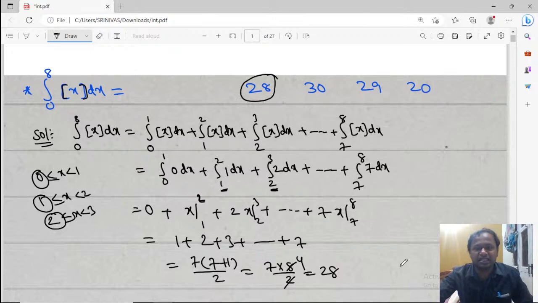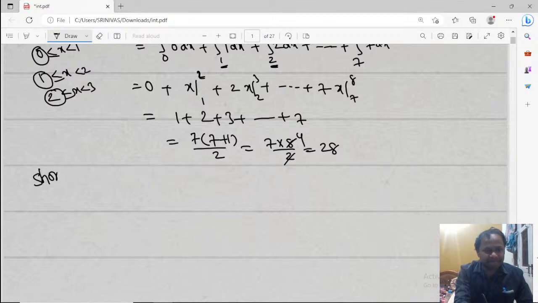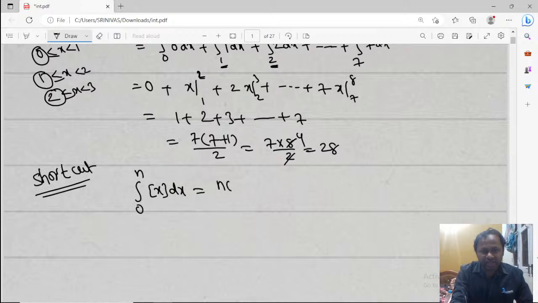But this is the lengthiest procedure. Okay. So I will use a shortcut method. How can we do? Integral 0 to n, greatest integer function of x dx is equal to n into n minus 1 divided by 2.